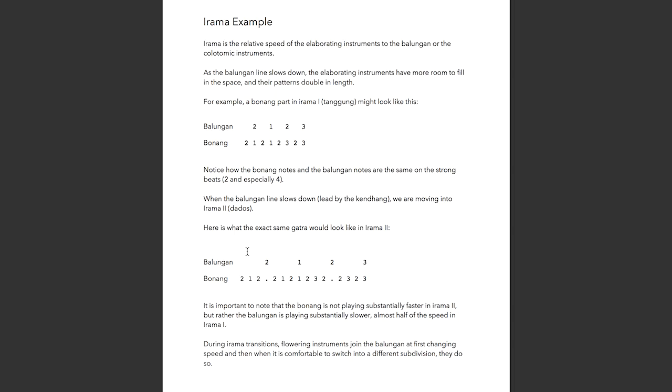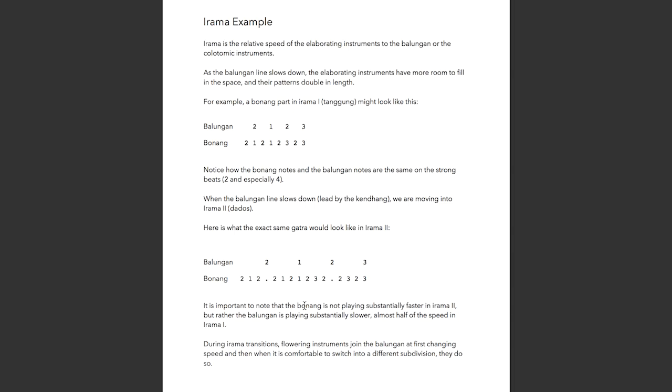But as soon as it gets slow enough that we're able to fill in 4 notes instead of 2, we do so. For different flowering instruments, this might happen at different times. But the point is, as soon as they can fill in 4 notes comfortably instead of 2, they start subdividing. So let's take a look at what that looks like.